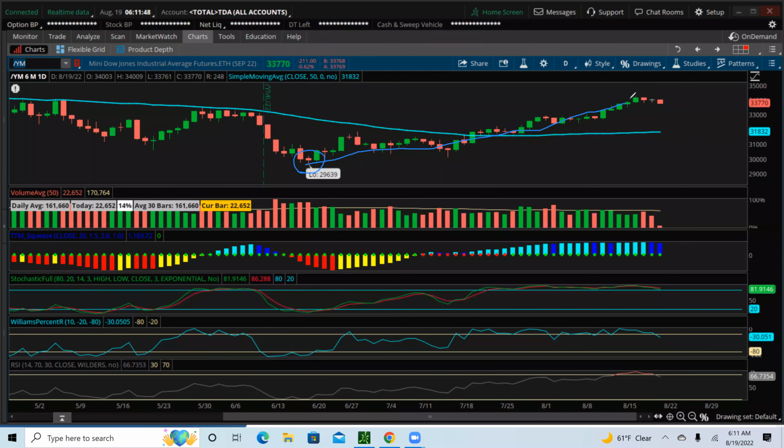But look what's starting to happen. Not only does price action look like it's starting to reverse, but on the way back down, this 50-day moving average is going to act as an area of support. So we could see price action come back down to this level of support and then try to make a stand, but we have to see what happens once we get there.